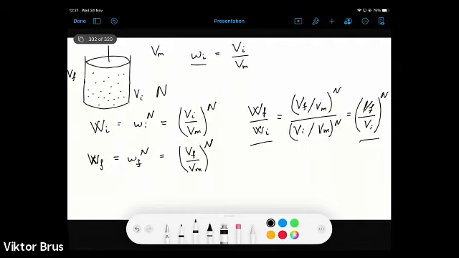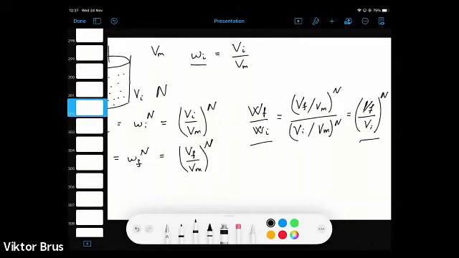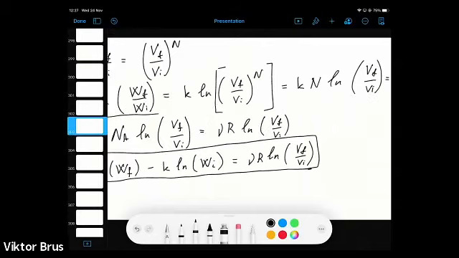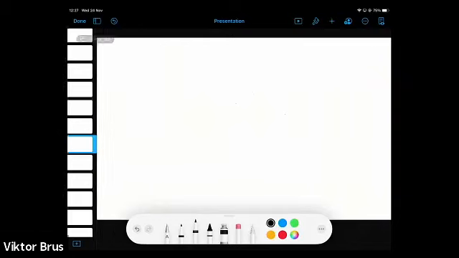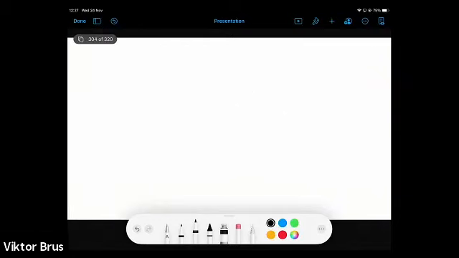So we mentioned initially that walls of the container are thermally not conductive. So means there is no exchange of energy through the interface of this container, this volume with external environment.